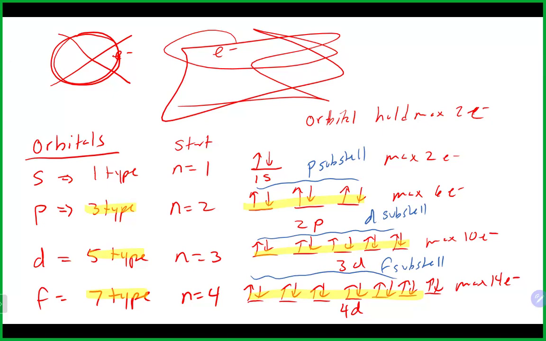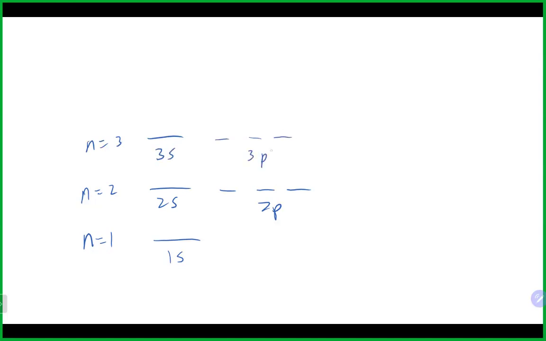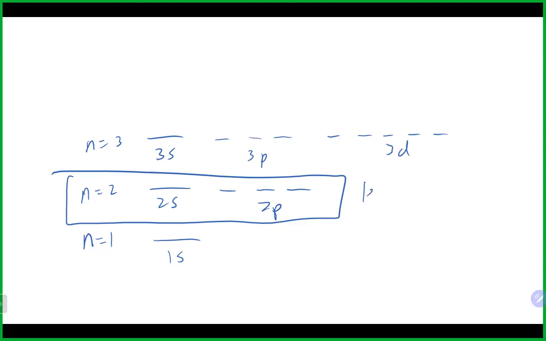Also remember that when we talk about a shell or a level, we're talking about everybody on that energy level, right? So when we talk about the n equals 2 level, our shell, that would be everybody that's on there.